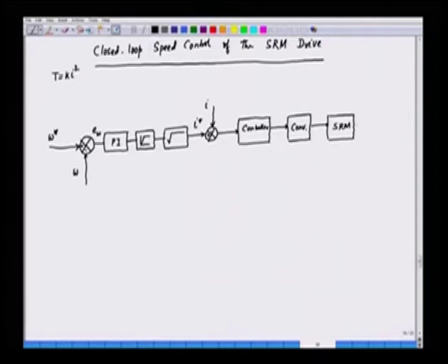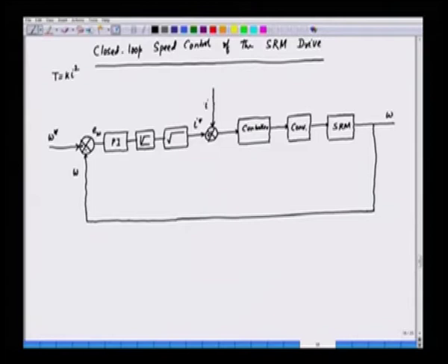And the output here is the speed. The speed is fed back for the closed loop control. So, we can have the speed feedback from this. Speed is fed back here, and this I is obtained from the motor. We can have this current sensor to sense the phase current. So, this phase current is fed back for control.